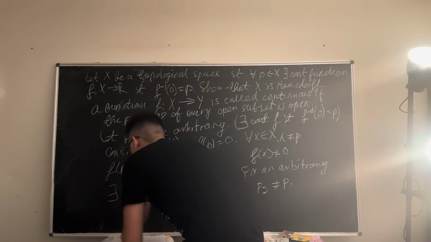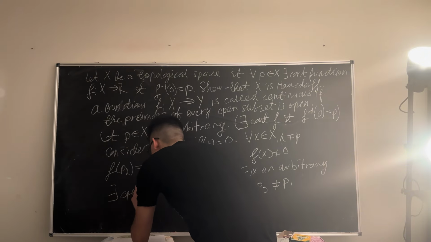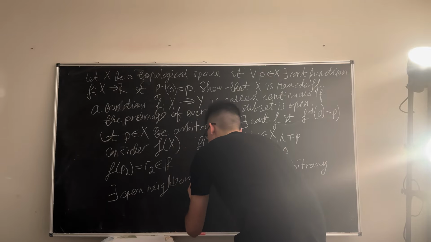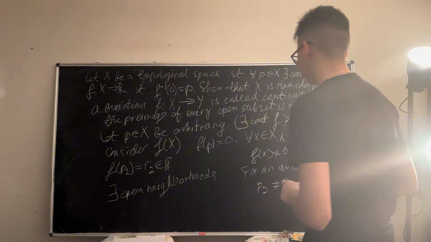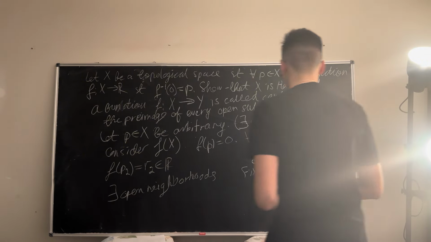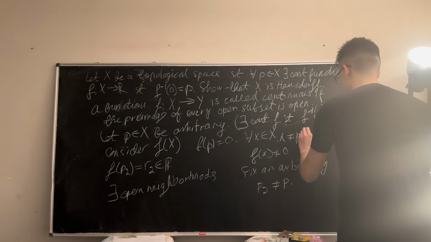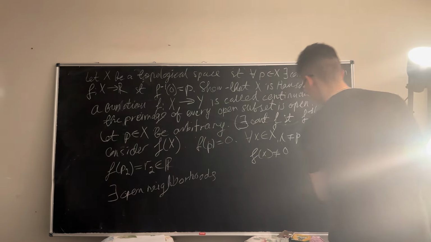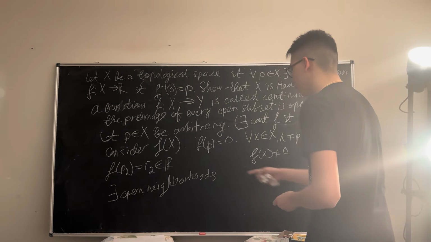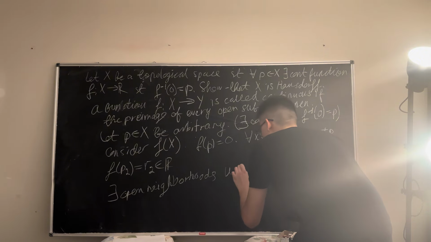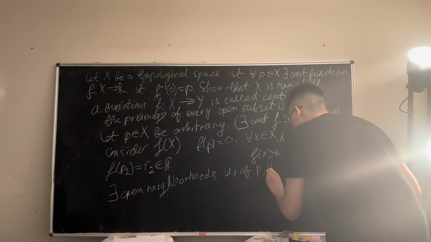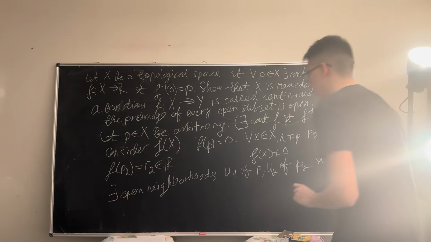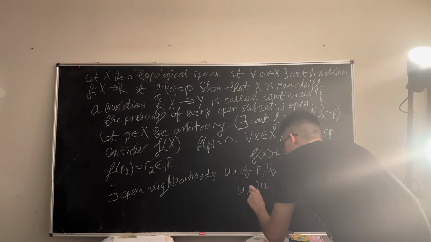So there exist open neighborhoods, let's call them U1 of p and U2 of p2, such that U1 and U2 are disjoint.